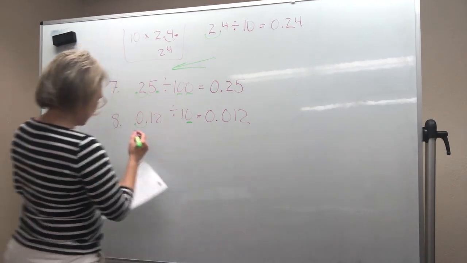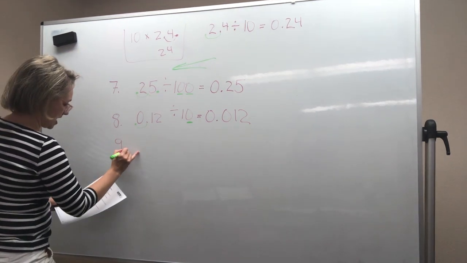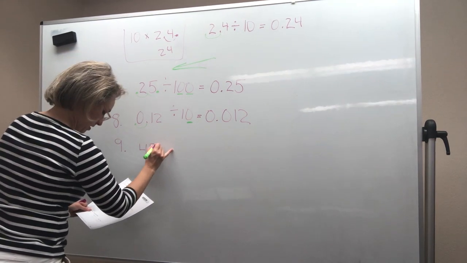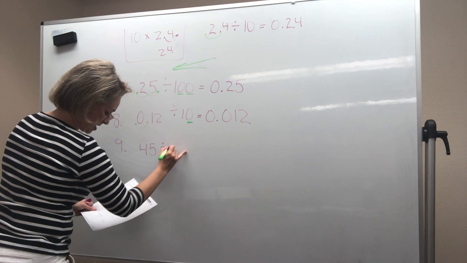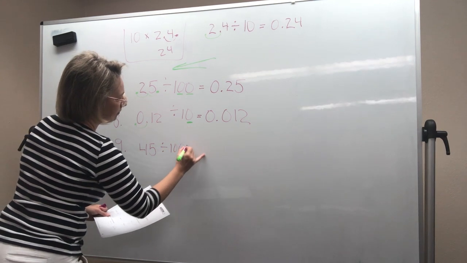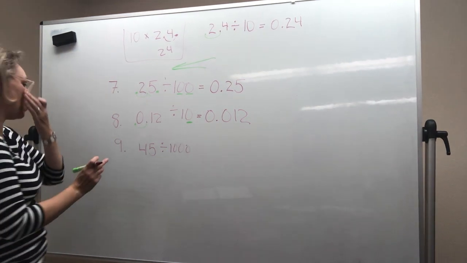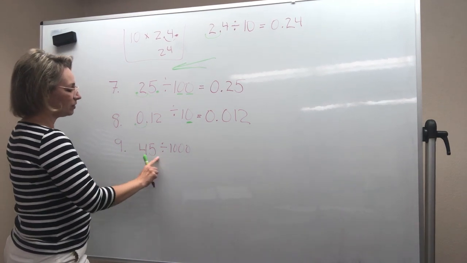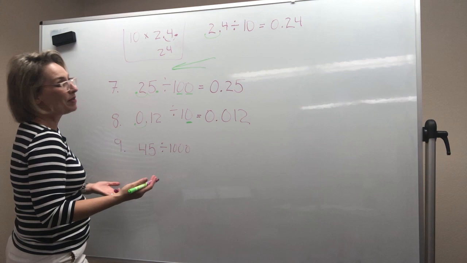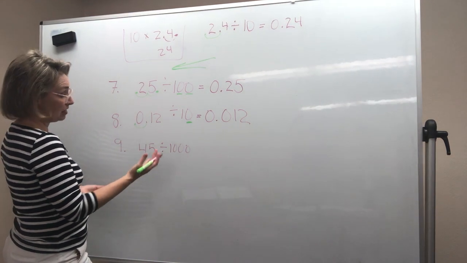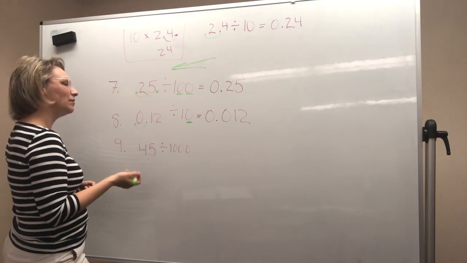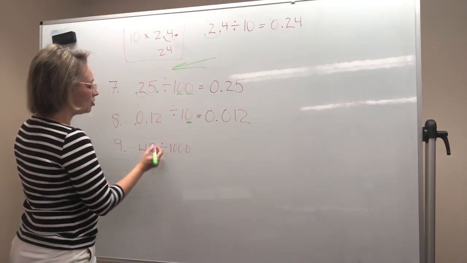Okay? All right, last one we're going to do together. Number 9 on the worksheet. It's 45 divided by 1,000. All right, I have to think, when it's a plain 45, where would the decimal be? Now that I'm dividing, I need to know where my decimal is.